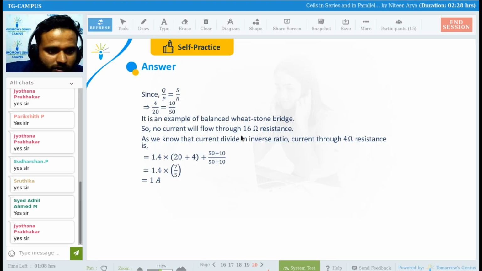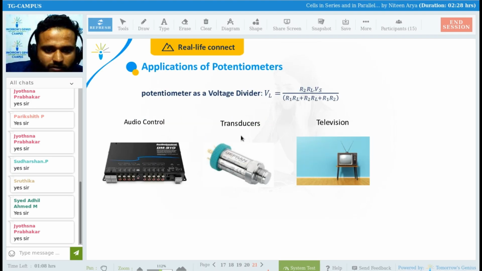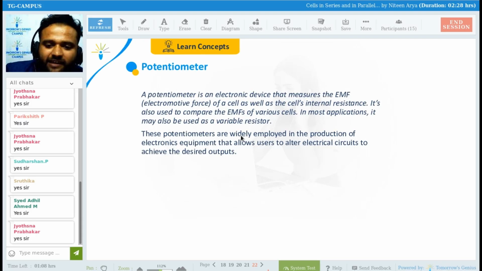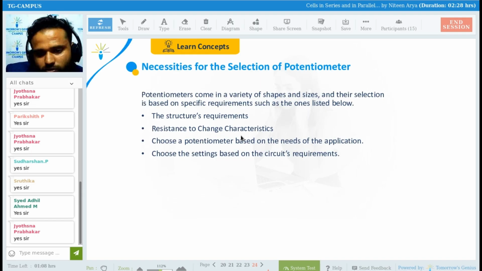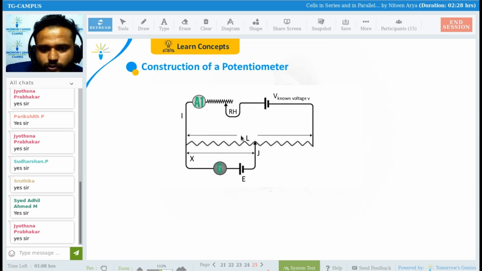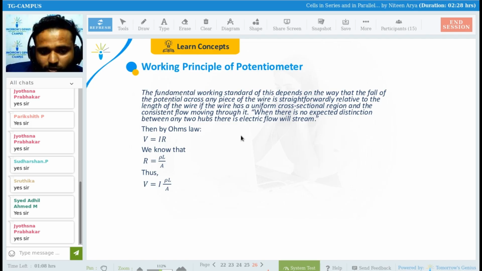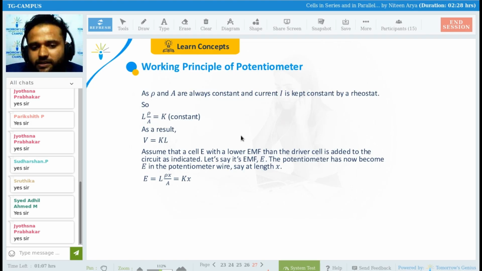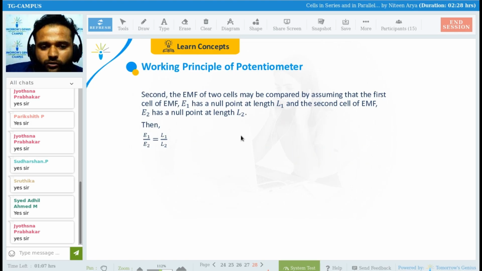Because that can be easily solved on the basis of potentiometer. If you know, it's okay. If you're getting more time, we can switch, because that can be easily solved on the basis of this formula I am going to tell you.